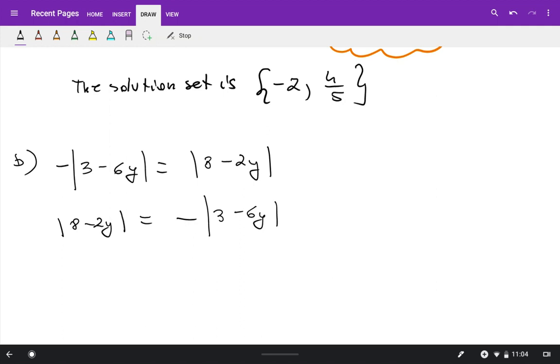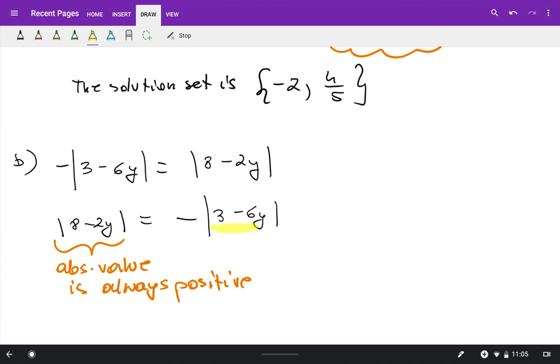We know the absolute value is always positive. Look what happened on the right side. We know that this expression is always positive, but then when you see negative, that means you multiply that by negative 1. So whatever is always positive, multiplied by negative 1, the expression on the right side is negative.